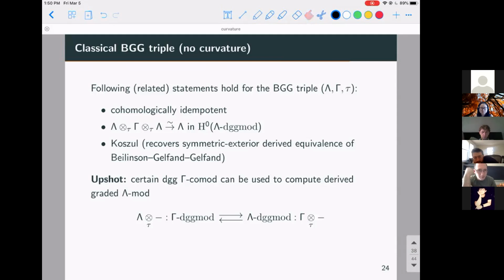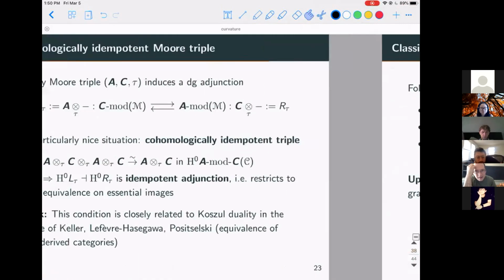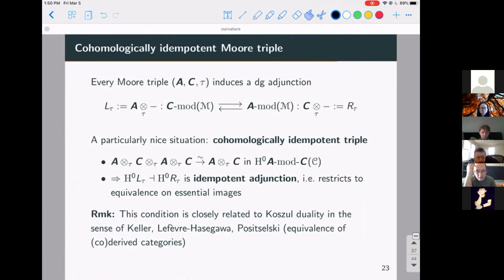Can you go back? Because I'm also confused. Let me try to go back. Vanessa was asking, what's the differential on A mod C? Yeah. So A has a curvature, C has a curvature. But Cdg modules form a DG category. Okay, what was the differential on that again?